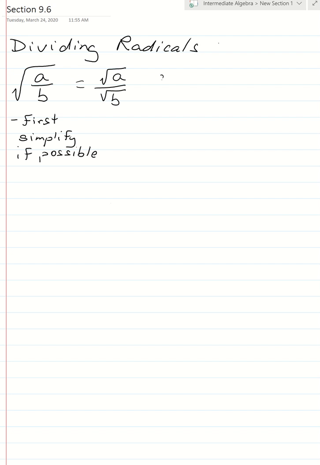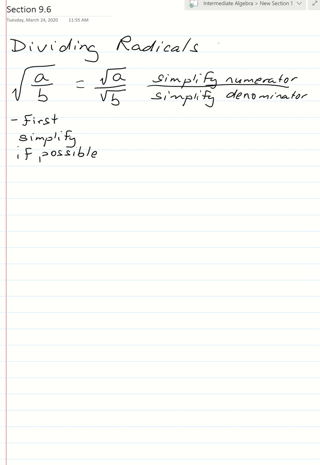And then you would look to simplify each radical if possible. You're going to simplify the numerator, and then you're going to look to simplify the denominator, because we always want to express the radicals in simplest form.